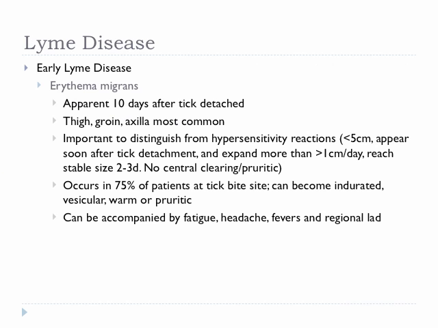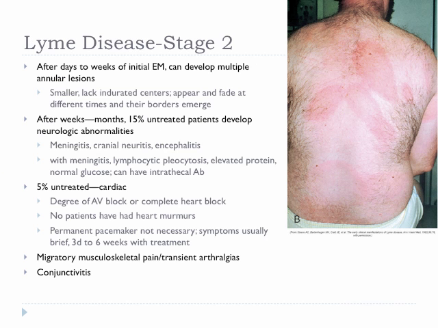corticosteroids. EM occurs in about 75% of tick bites, and can be accompanied by non-specific symptoms: fatigue, headaches, fevers, and regional lymphadenopathy. So stage 2 can affect any organ system, mainly cardiac, musculoskeletal, could be liver, eye.